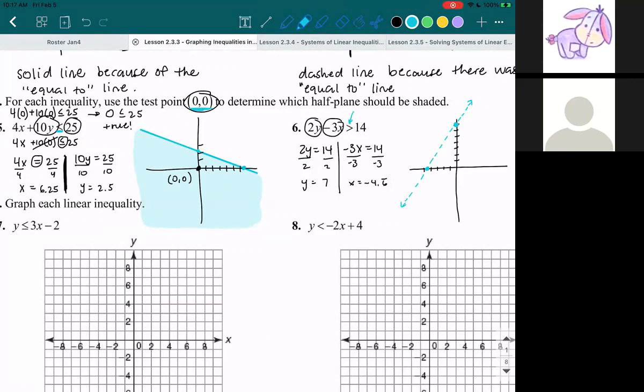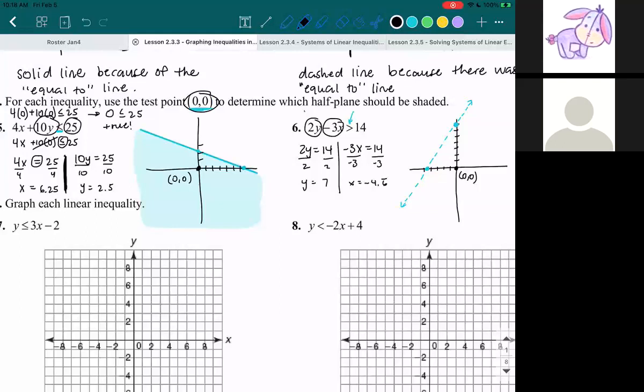Now let's take a look at what happens over at 0, 0. So this is 0, 0. And if when we plug this in, it gives us a true statement, then we want to shade this region. If when we plug it in, it gives us a lie, then we don't want to shade this region. So let's plug it in. So 2y minus 3x is greater than 14.